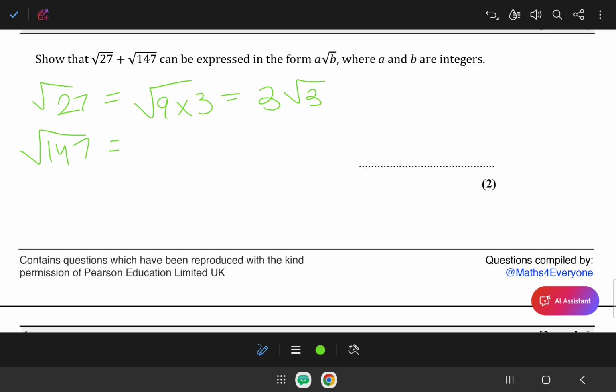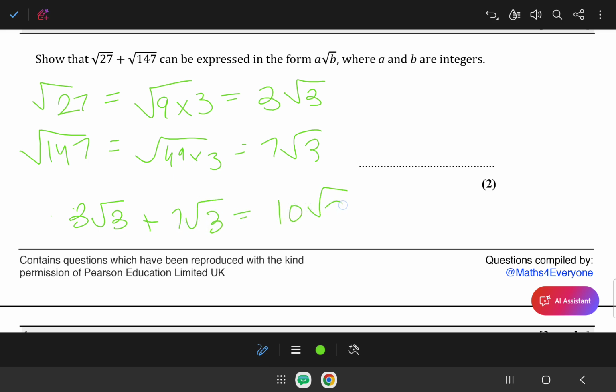Root 147 is 49 times 3, and 49 is a square, giving 7 root 3. So now 3 root 3 plus 7 root 3 equals 10 root 3, which is our answer.